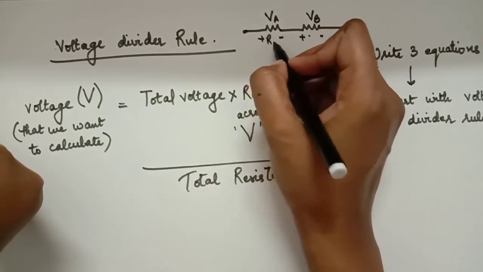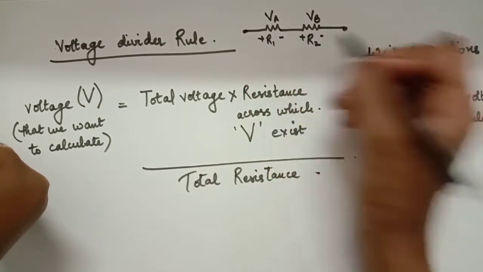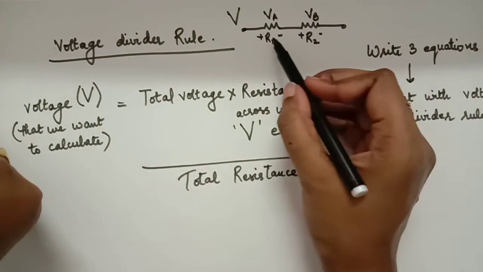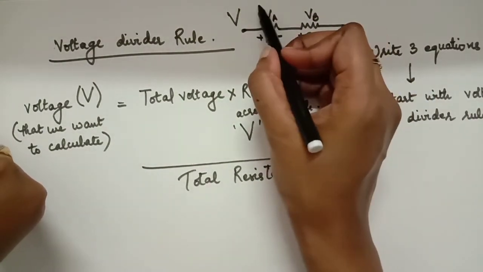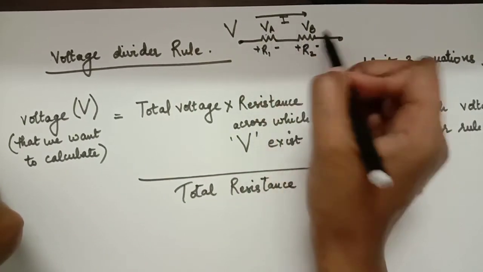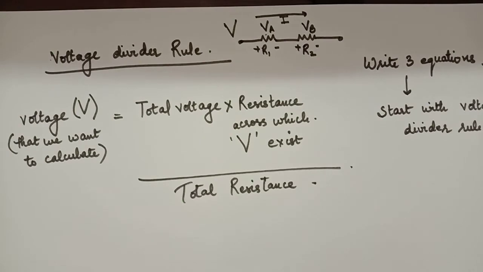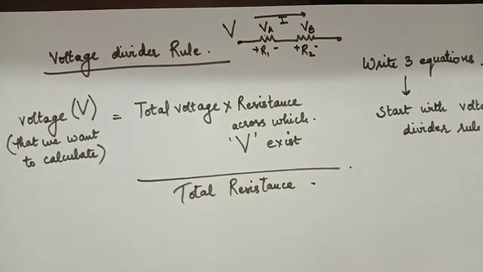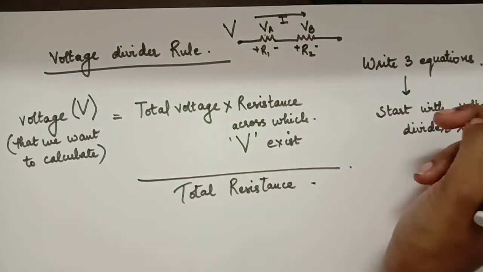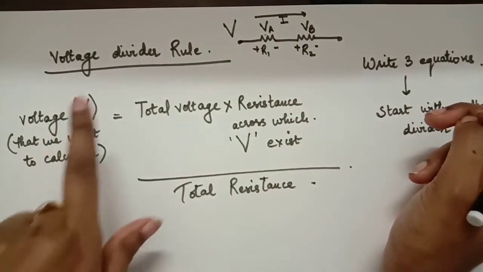Let it be R1, let it be R2. This is the total voltage that you have applied. Now you know that the current will be the same in both resistances because both are in series, that is I, but the voltages are different because both will consume different amounts of voltage. Now you want to calculate only one voltage across any of the resistances. For that you will use the voltage divider rule.